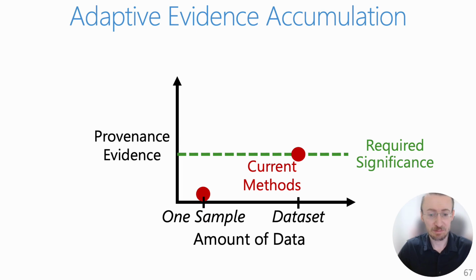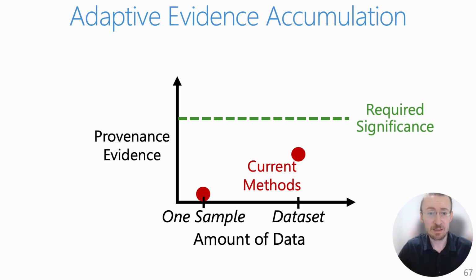In some cases, the signals from a given dataset are enough. In others, they are not. So instead, we need an adaptive evidence accumulation framework and it should work as follows. We start with a small batch of data, for example, a few sentences. We extract informative signals from these data points and compute an initial evidence.